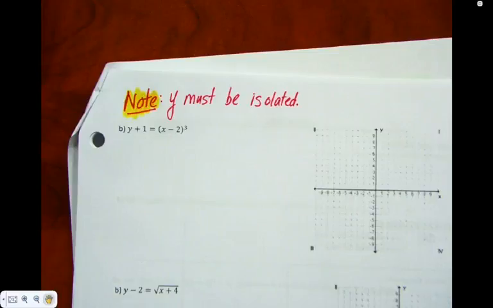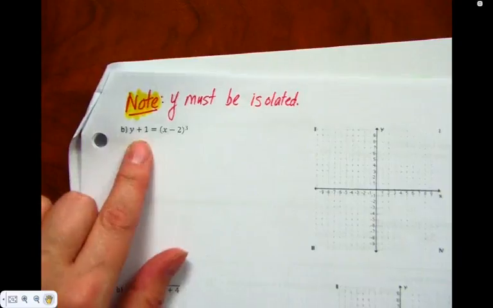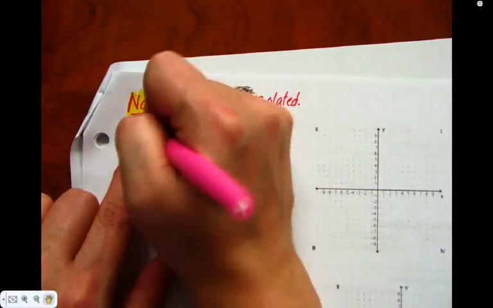If you don't isolate that y, you're going to think that vertical translation is something else. So anytime you see that y is not by himself, we want to leave him all alone. He's antisocial. He doesn't want friends. He doesn't want that one with him. How do we move the one to the other side? Subtract 1.